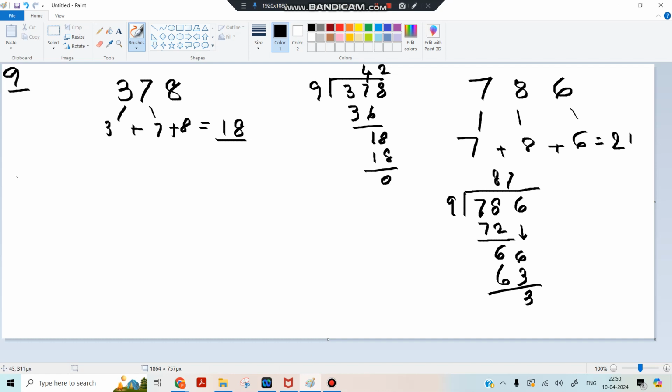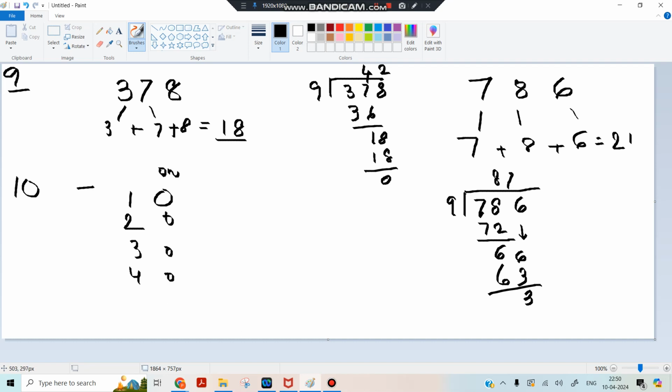Now let's check 10. 10 is very easy. Again, you don't need to do any kind of calculation. It's just like the divisibility test of 2 and 5. A number, if it has to be divisible by 10, it should have 0 in the ones place. Because if you see, the multiples of 10 are 10, 20, 30, 40 and so on.